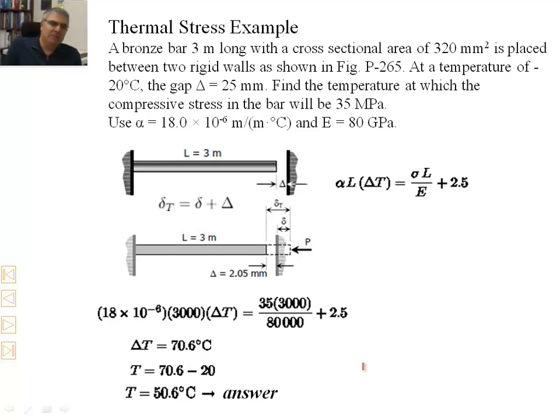We call that P265. At a temperature of 20 degrees Celsius, the gap is 25 millimeters. So we already measured it. Find the temperature at which the compressive stress in the bar will be 35 MPa. Alpha is given, E is also given.